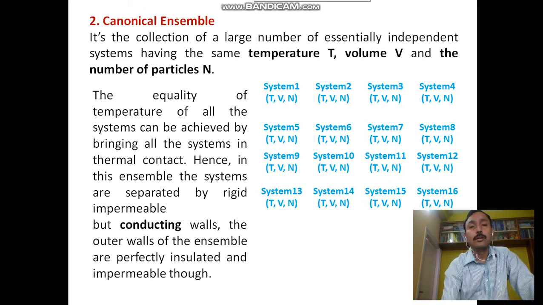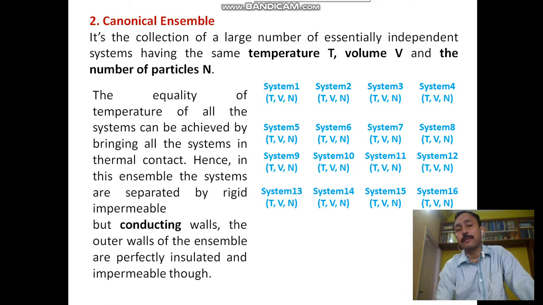So the equality of temperature of all the systems can be achieved by bringing all the systems into thermal contact. Hence, in this ensemble, the systems are separated by rigid, impermeable but conducting walls.